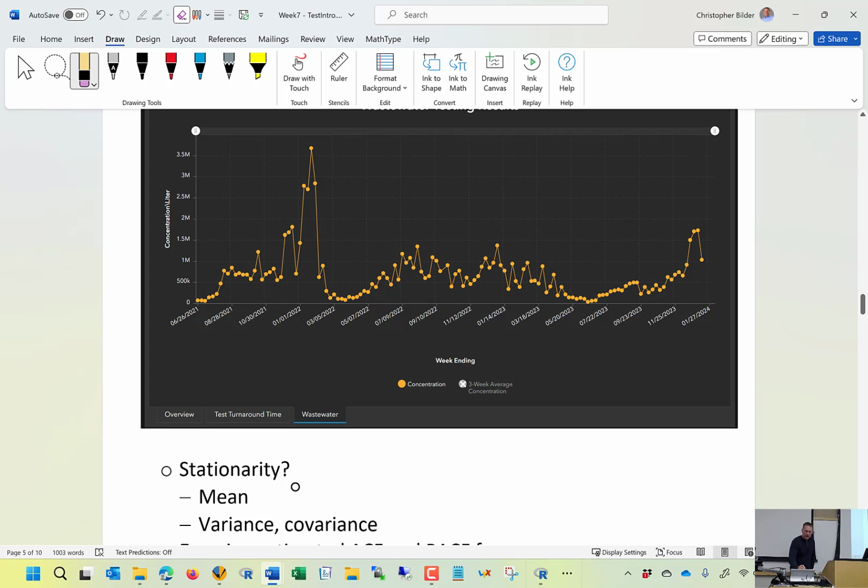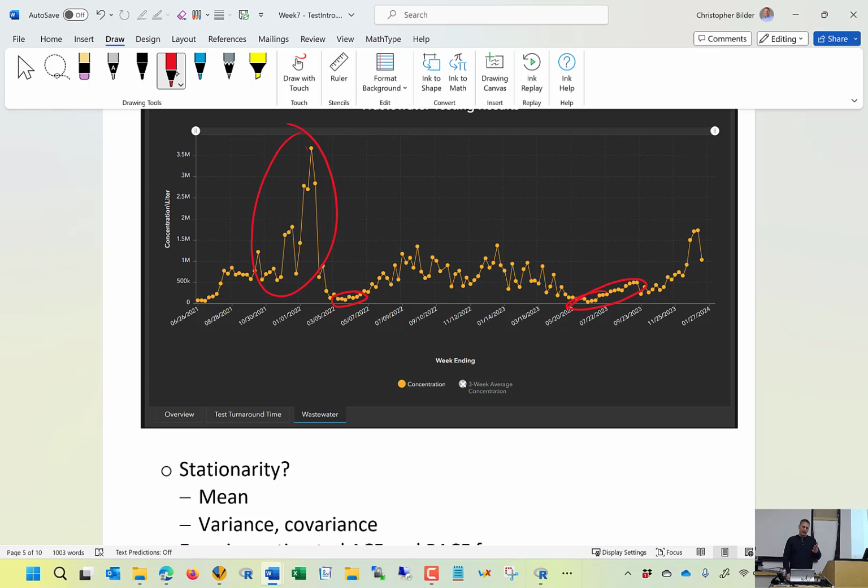What do you think about variance or covariance here? Do you think we have stationarity just from looking at this plot? The key is, obviously, we have more variability here. Maybe a little bit less variability here, maybe a little bit less variability right there, comparatively.